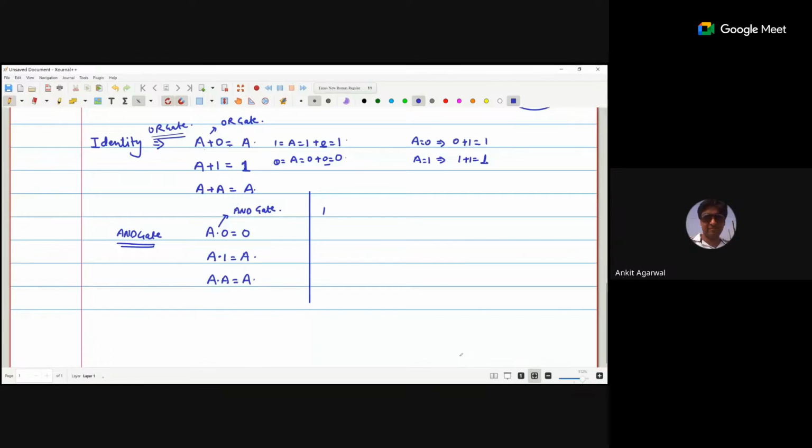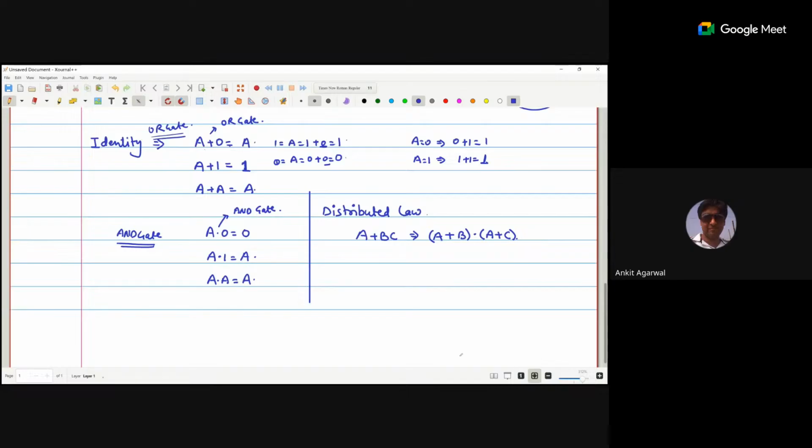Along with that, one distributive law. If we have A plus BC, that will be equal to (A plus B) multiplied with (A plus C).